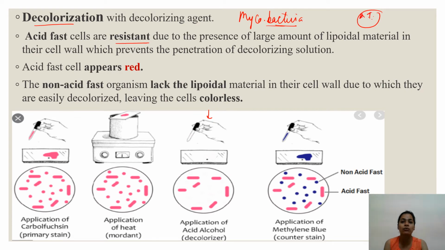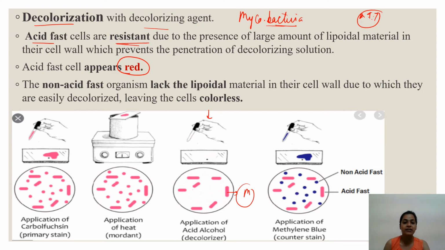It will not allow that stain to move out of the cytoplasm. So even after applying the decolorizing agent, the acid fast category, that is the mycobacteria, will not get decolorized and will still appear reddish in color, which you can see here. These are the mycobacteria which are still reddish even after addition of the decolorizing agent.